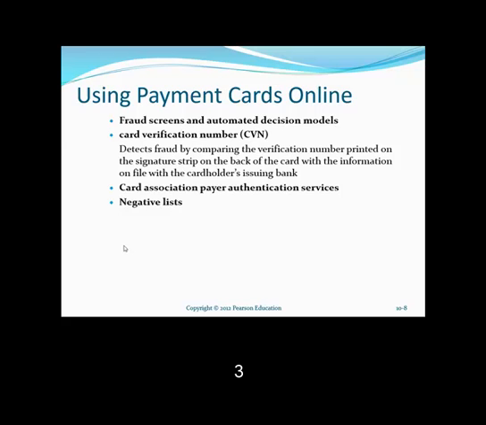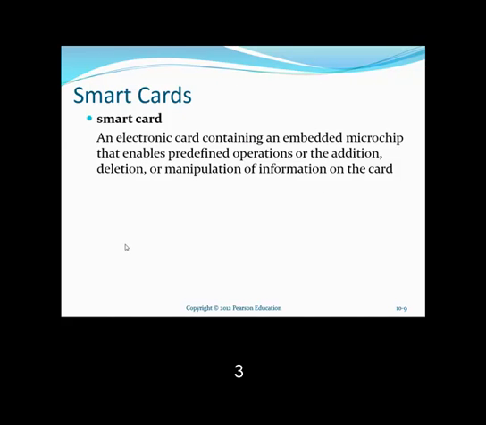So let's go forward to the methods that can be used in online payment. The first one is the smart card. Smart cards look like credit cards, but they contain embedded chips for manipulating data and have a large memory capacity. Like mine, the staff card, maybe student cards can also be considered smart cards.